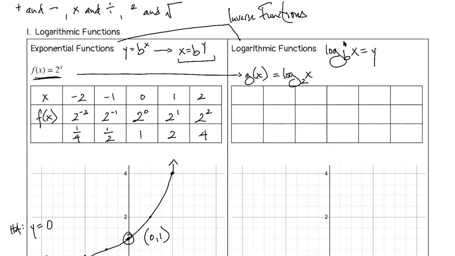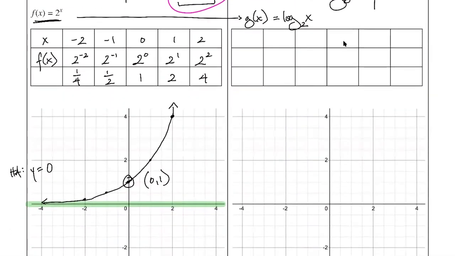Now, if I take x's and y's and switch them to find the inverse, a really cool way I can do that with the graph is to take my coordinates, switch them, and graph them. So let's do our starting point first, (0, 1). If I switch the x and y, I get (1, 0).